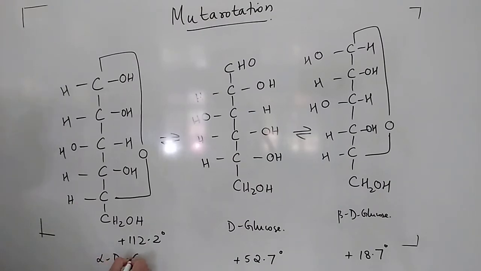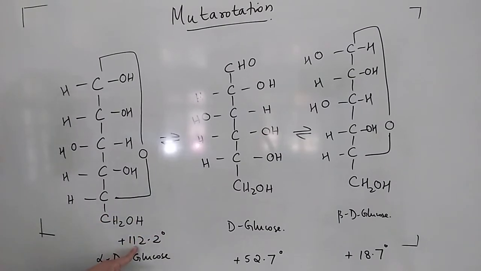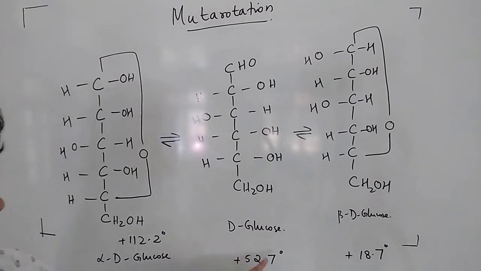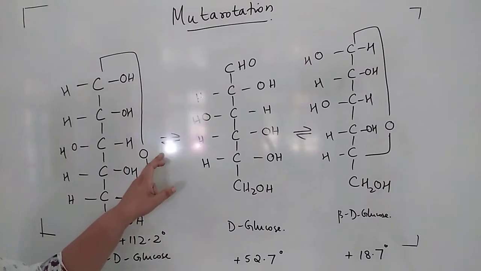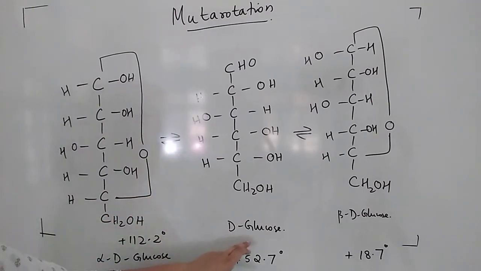This is alpha D glucose, with a specific rotation of plus 112 degrees. What happens is that slowly the specific rotation of this alpha D glucose will be reducing, and it falls to 52.7 degrees, and therefore an equilibrium is attained.